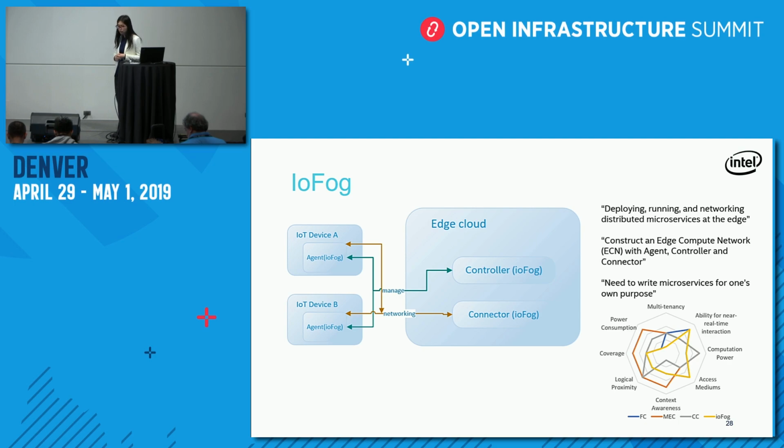So here I also have about the same features as what fog computing does, but for the multi-tenancy part, since it has no functions like this, I just put a 1 for it. And I'm also referring to a typical fog computing implementation.